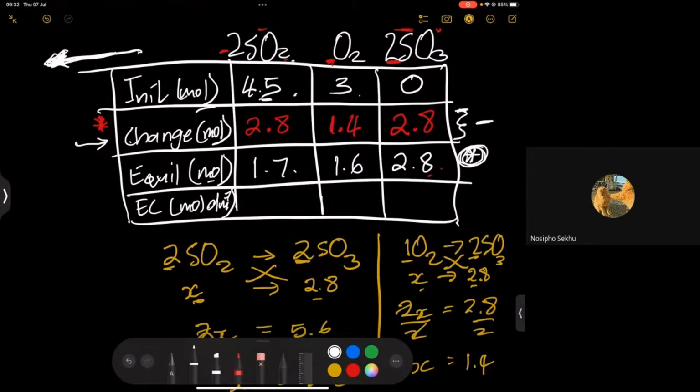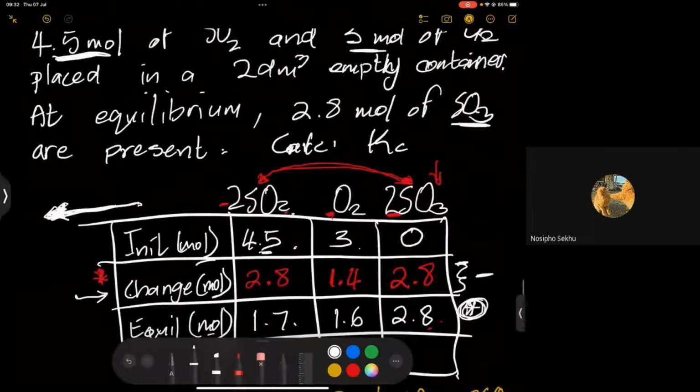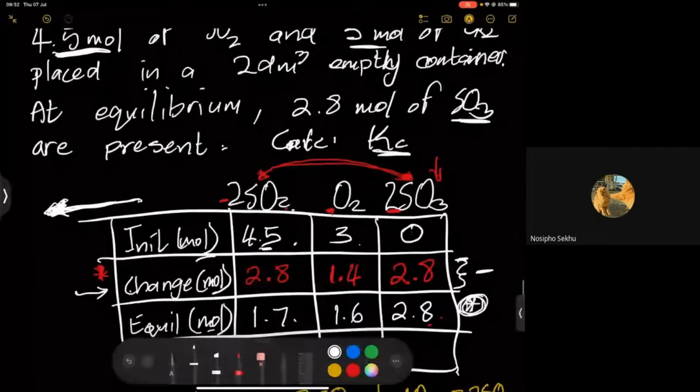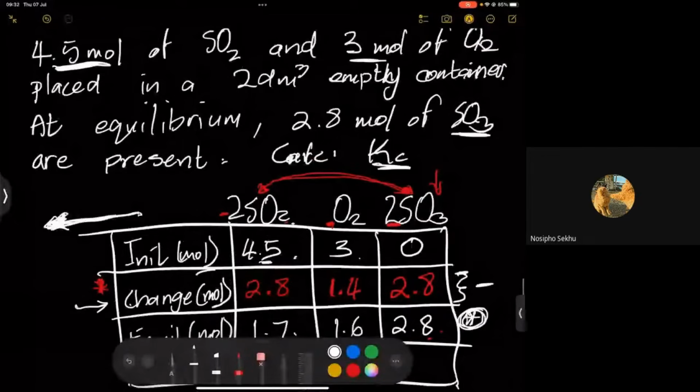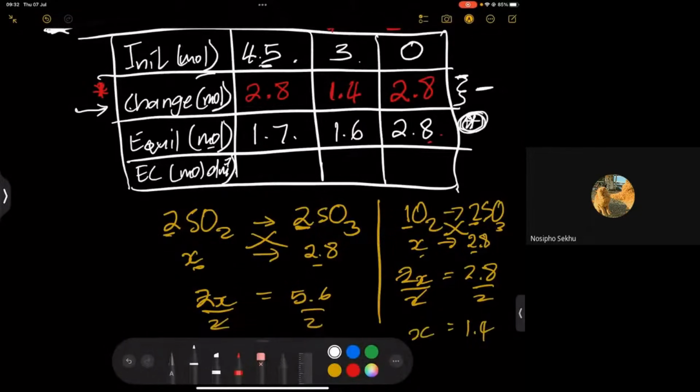Now, in this case, because we wanted to find out the Kc, remember we're given the volume. So now we're going to say, number of moles 1.7 divided by the volume, which is 2.